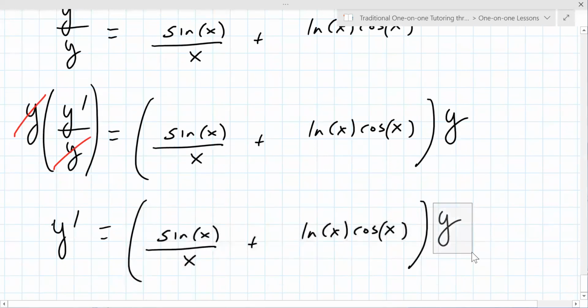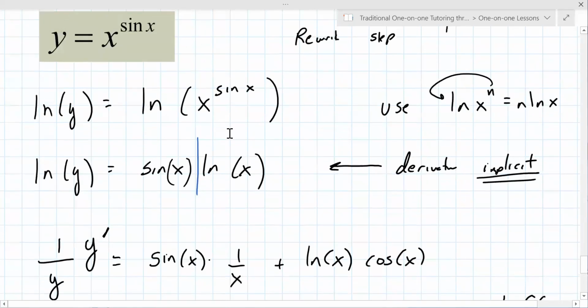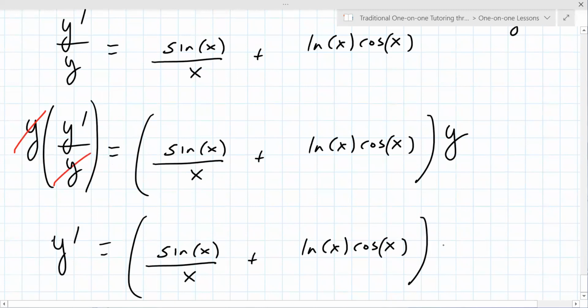So this y right here becomes x sine x. It ends up being the same every time. You always multiply by y. The left side is always y prime over y, and it's always something in parentheses times x sine x.